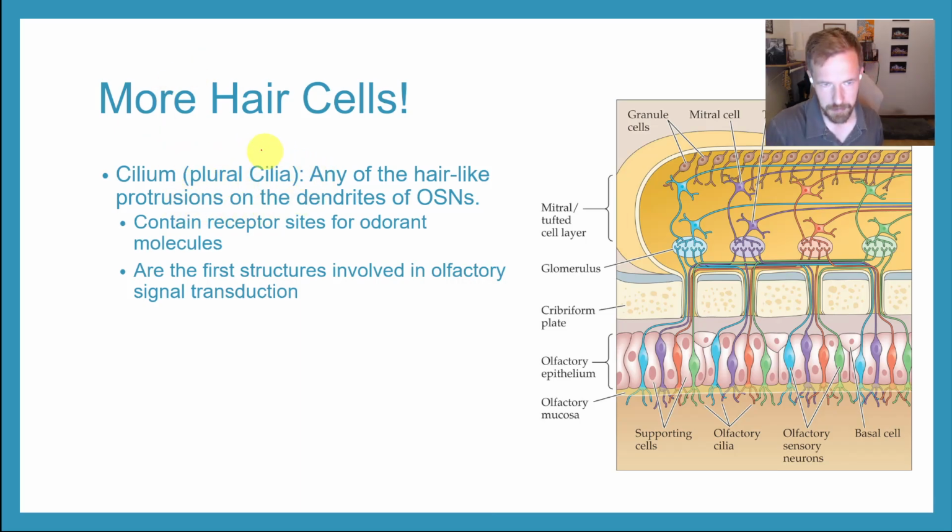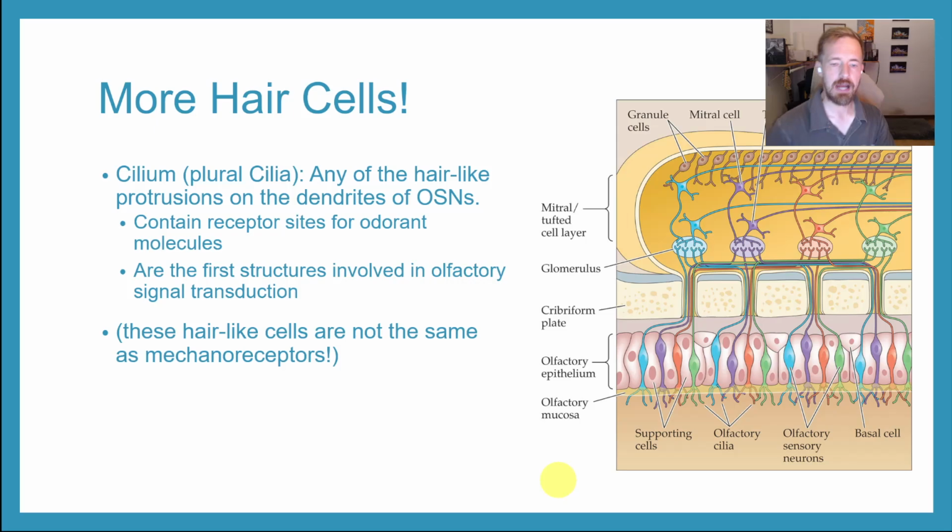The cilium, and the plural of that is the cilia, which you can see right here. These are dendrites that are hanging off of the olfactory sensory neurons. And those dendrites are essentially what lock on to these odorants that come in. So they're kind of the first step in the road to transduction.